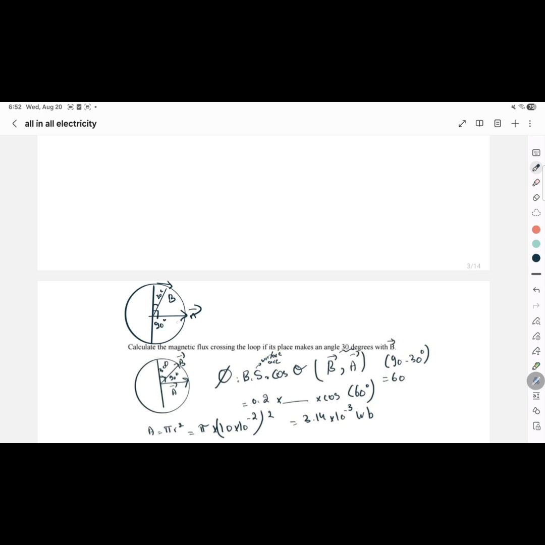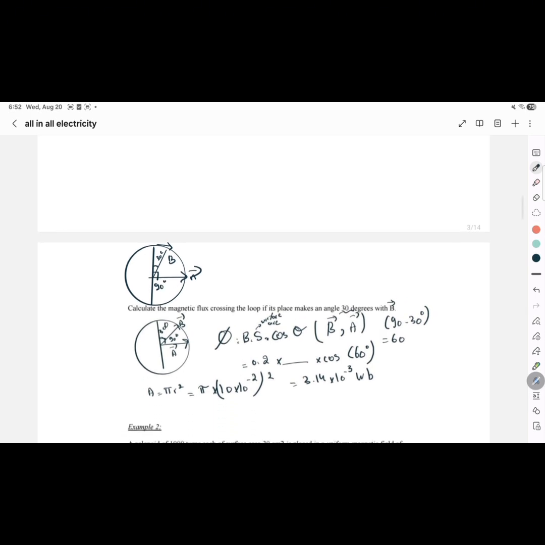Then, what's the angle between B, which is the magnetic field, and N, which is the normal vector? N can also be called A, so as not to confuse yourself. What's the angle between them? It's 90 minus 30, which equals 60.